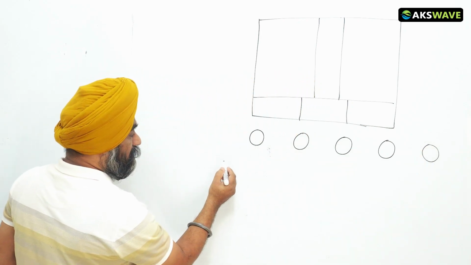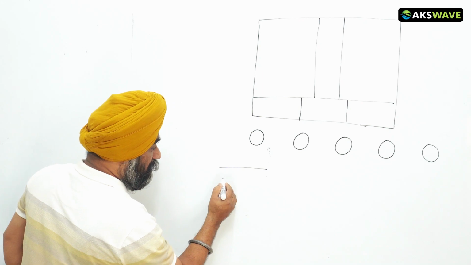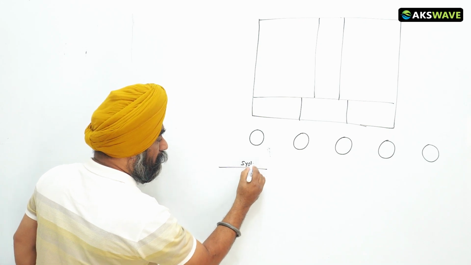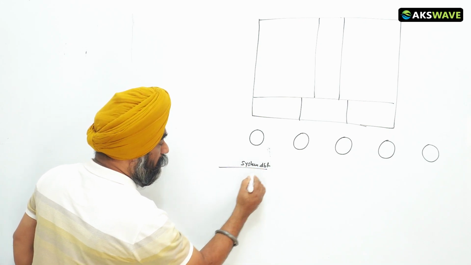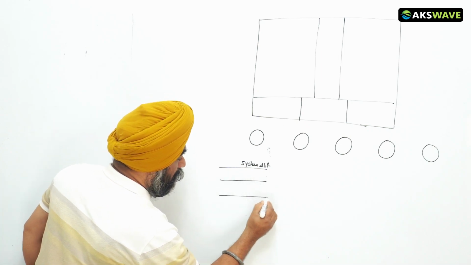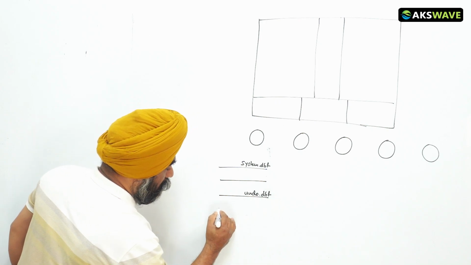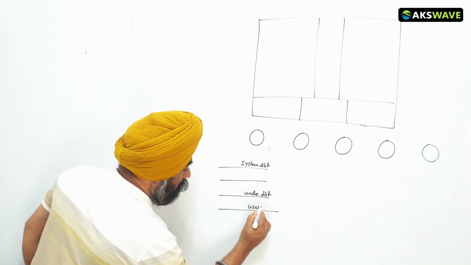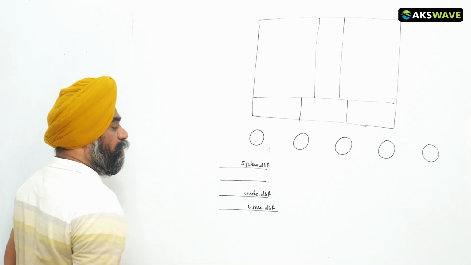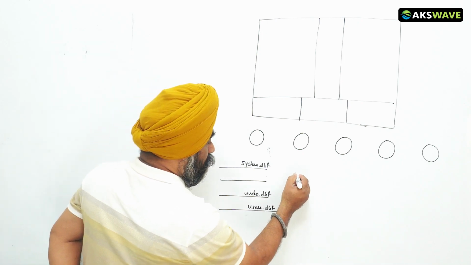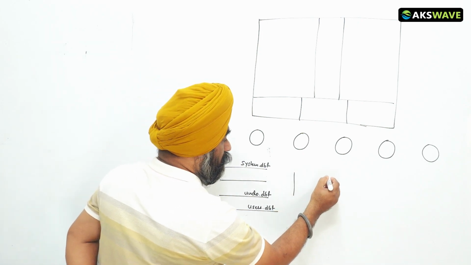We also discussed a few data files: system.dbf, undo.dbf, and users.dbf.